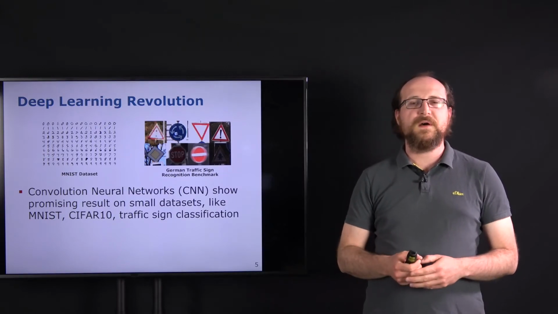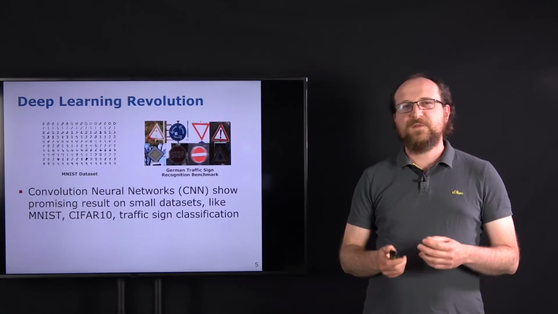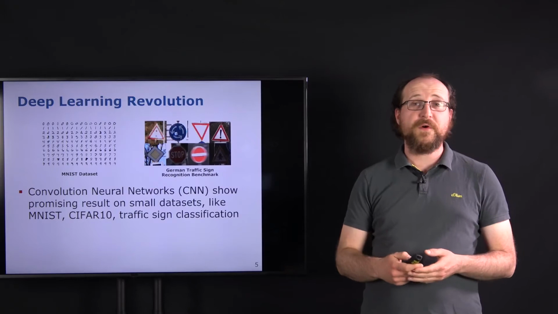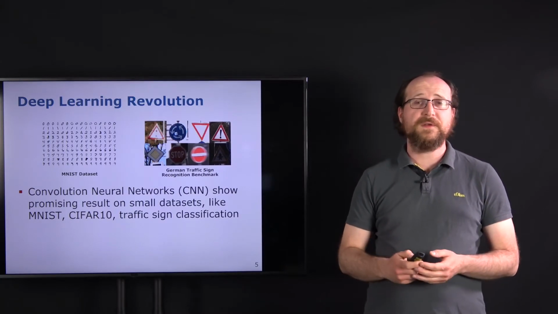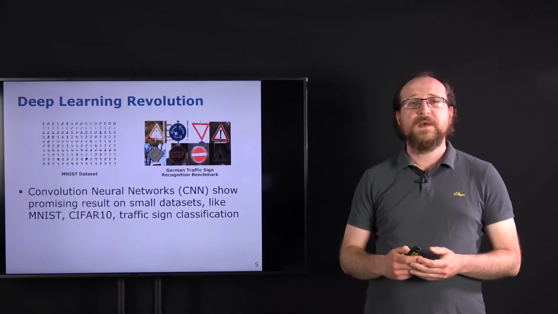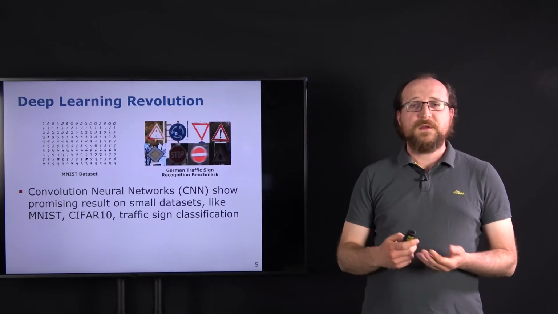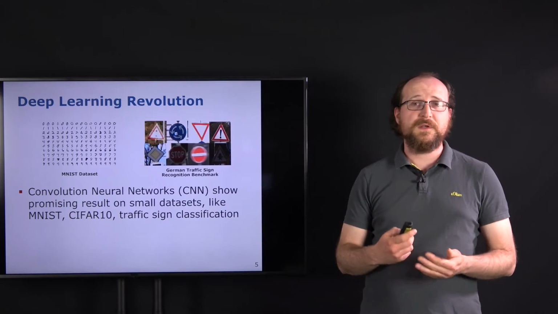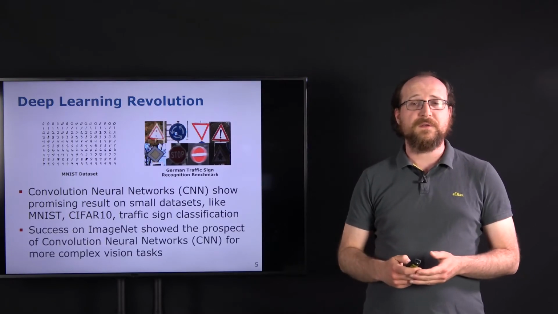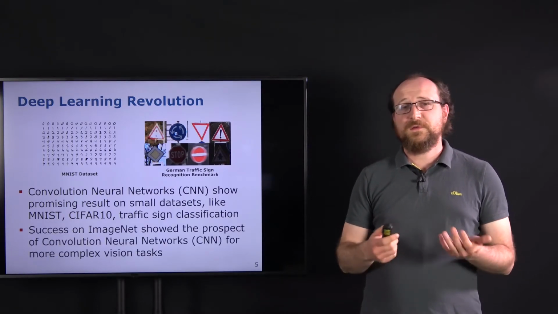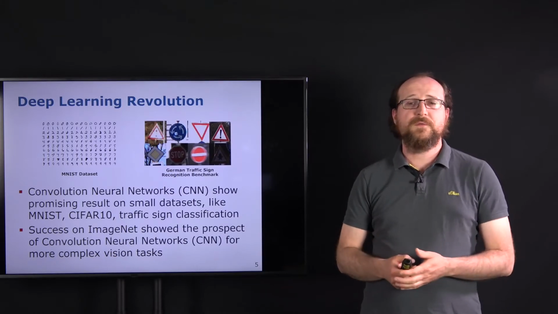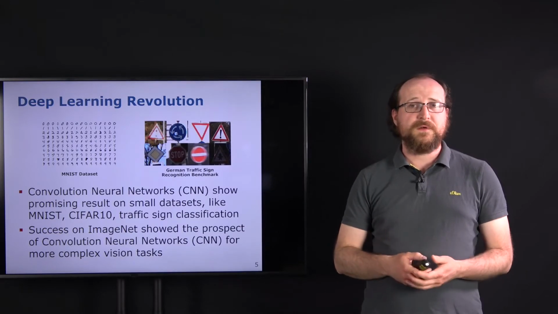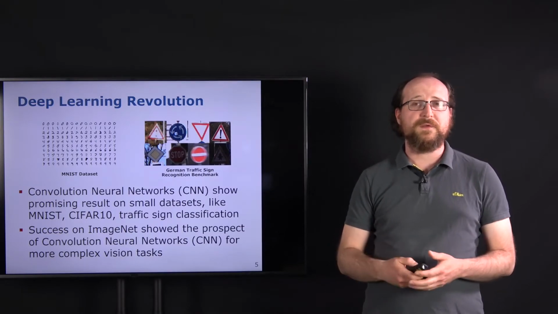Therefore, having something that actually works on larger images crawled from the internet with 1,000 classes, and trained successfully there, was really a game changer. The success on ImageNet showed the prospect of convolutional neural networks and also the prospect for more complex tasks. So people recognized this.